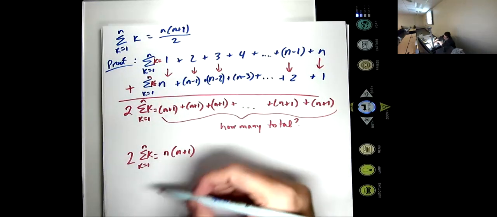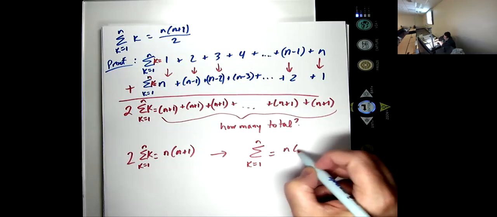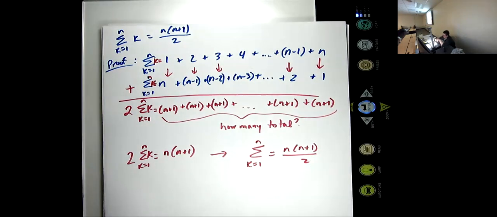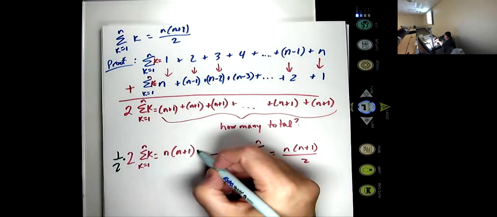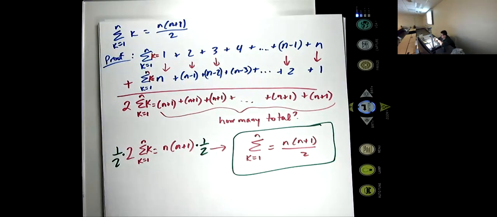Finally, we divide by 2. Or effectively multiply both sides by 1/2. The sum of the first n numbers is n times n plus 1 over 2.